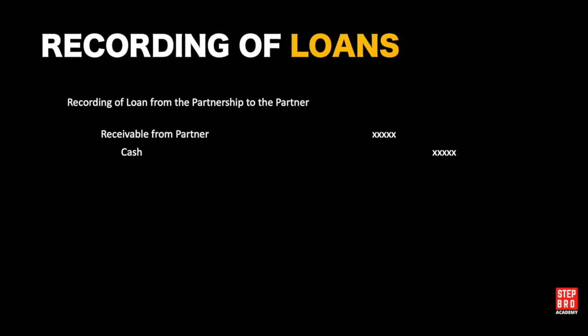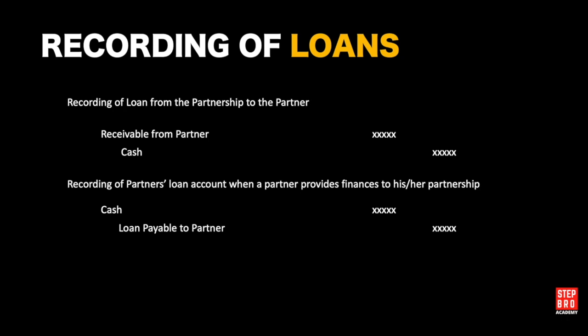On the other hand, when a partner gives the partnership a loan, cash will be debited since the loan will increase the assets of the partnership, but there will be an increase in payables since it is a loan and the partnership is expected to pay the partner back.